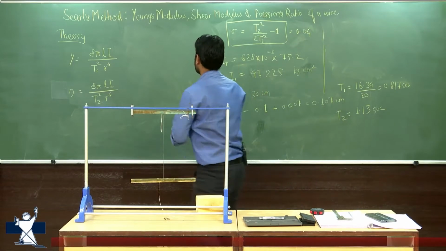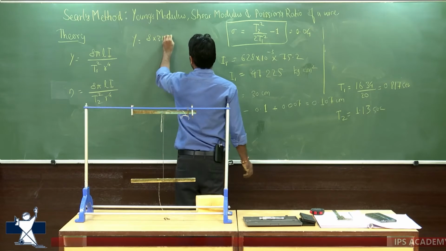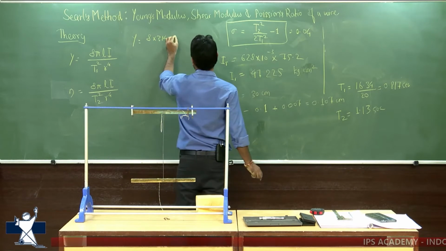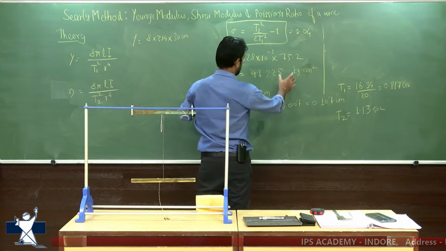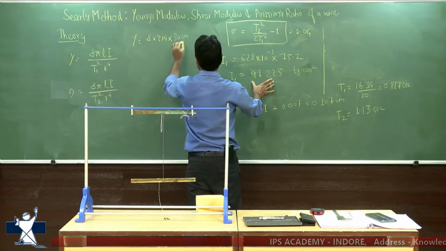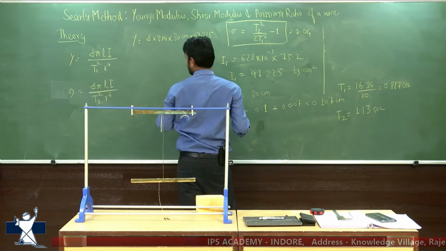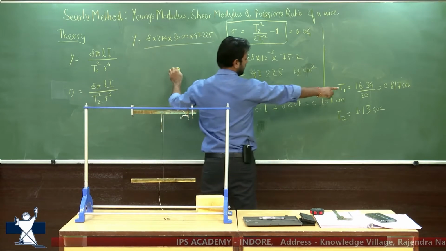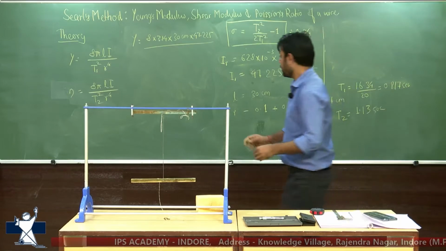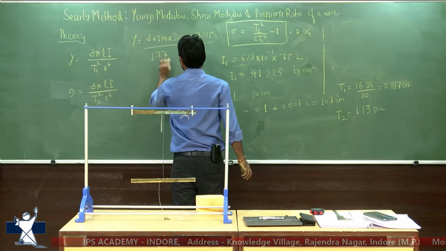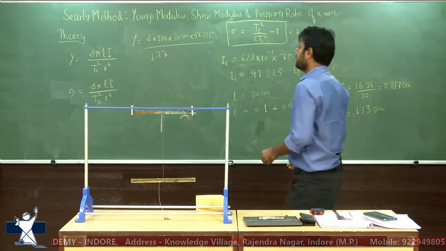So in case of Young's modulus, let's put these values. 8 into pi, which is 3.14, into length, which is 30 centimeter, and then moment of inertia, which is this value 47.225, divided by T1 square, which is 1.27.